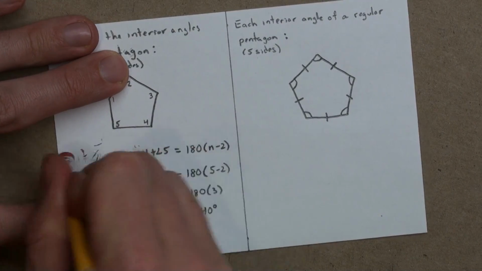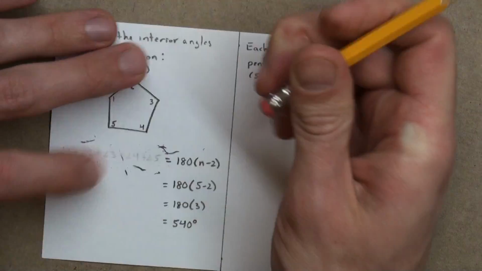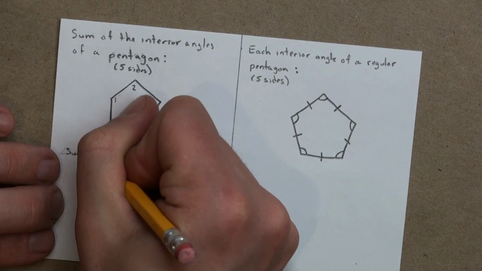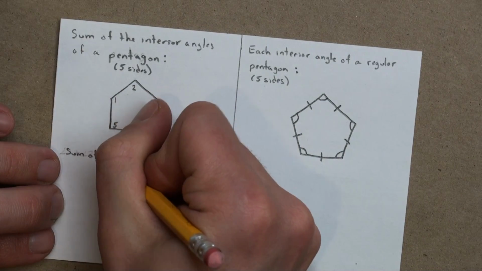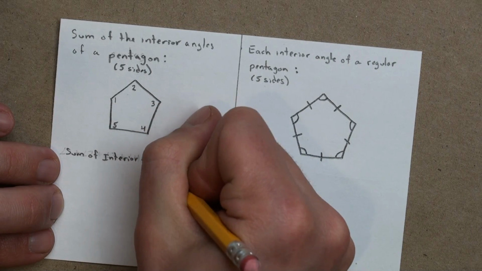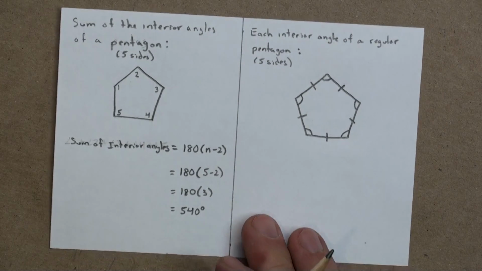Let's get rid of this on the left here, and let's just say the sum of interior angles equals that.